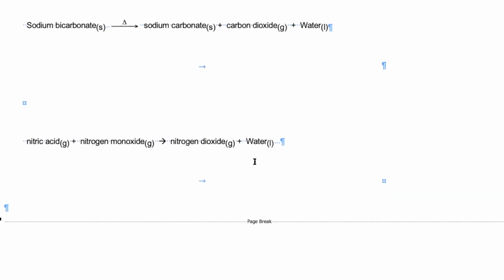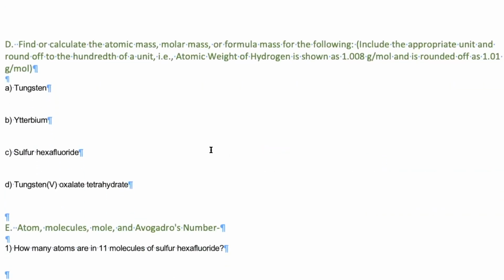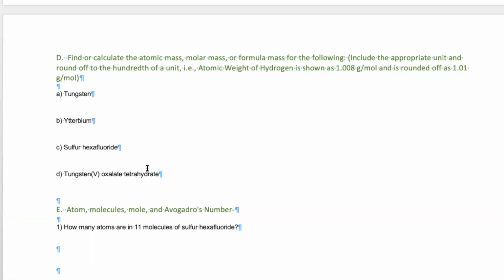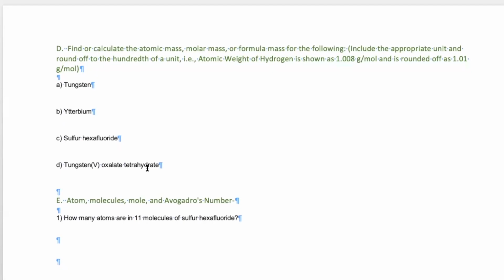Okay. So the rest of these are just balancing equations. Here, look up tungsten, atomic symbol W. Yttrium, that's not Y. Okay. You need to look that up yourself. Sulfur hexafluoride. Okay, that's just sulfur and 6 fluorines. So calculate the molar mass of all those things.